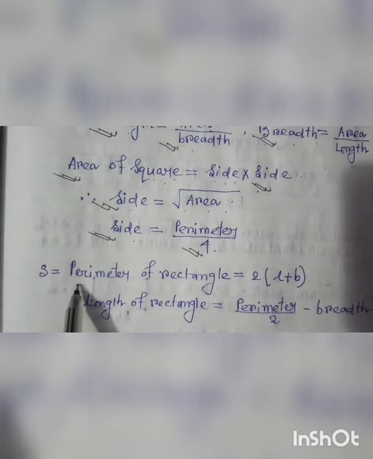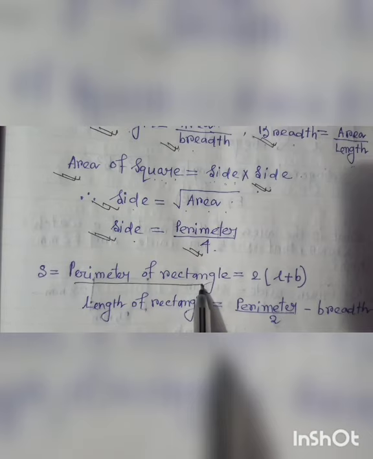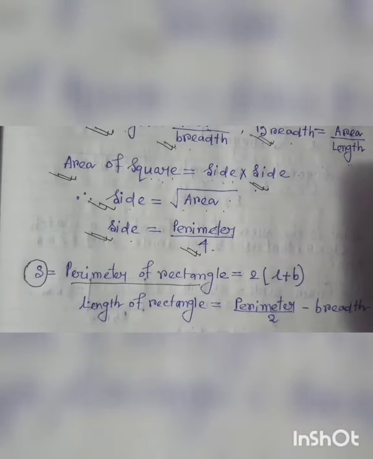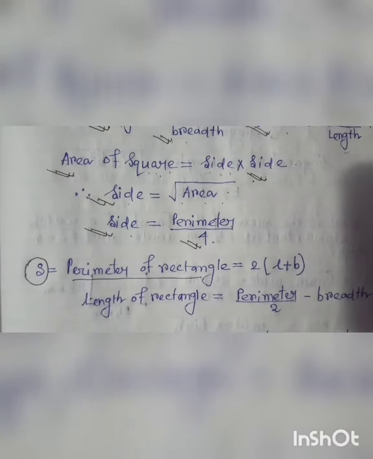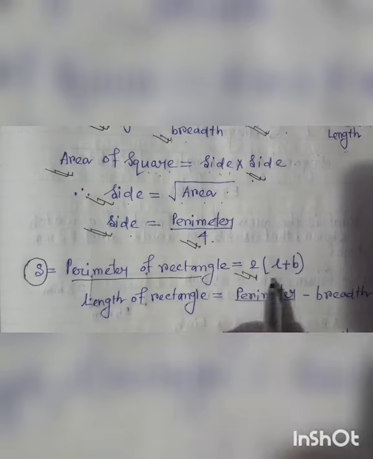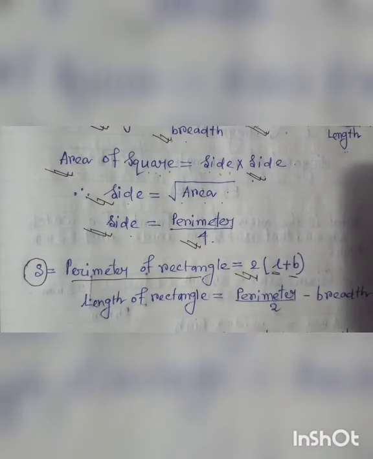Similarly, if you have the perimeter of a rectangle, what is the formula? Perimeter is 2 into (length plus breadth).